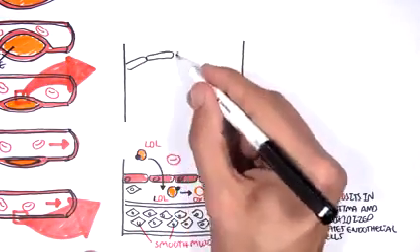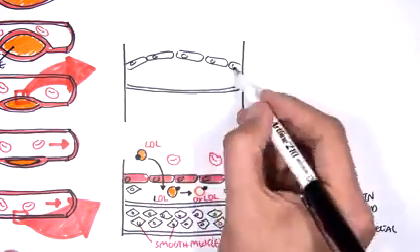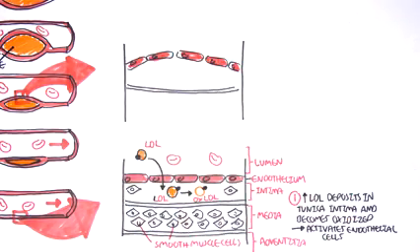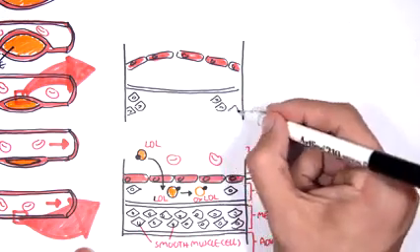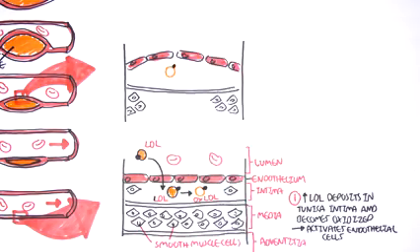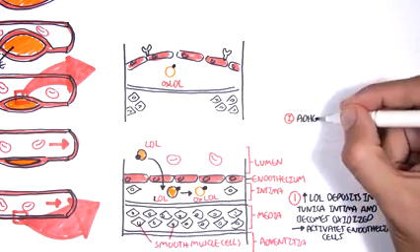Here I'm drawing the same layers of the blood vessel, and we can see there is accumulation of oxidized LDLs, which will activate endothelial cells, which will begin expressing adhesion molecules for white blood cells.